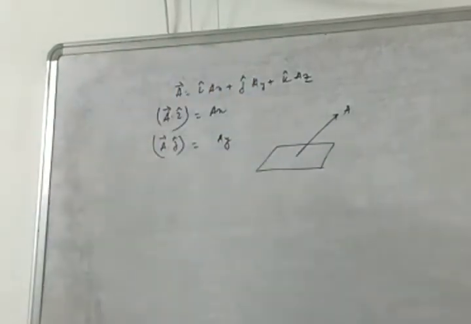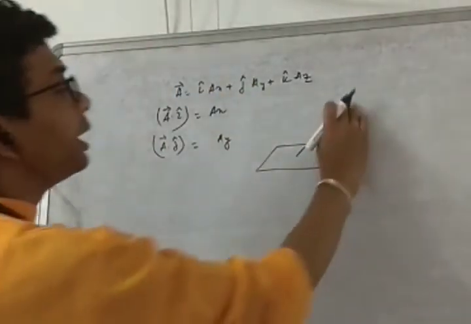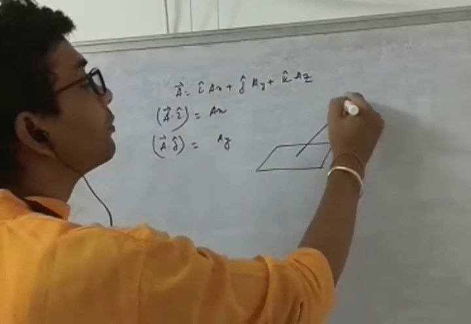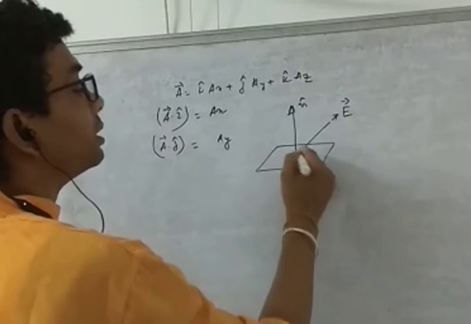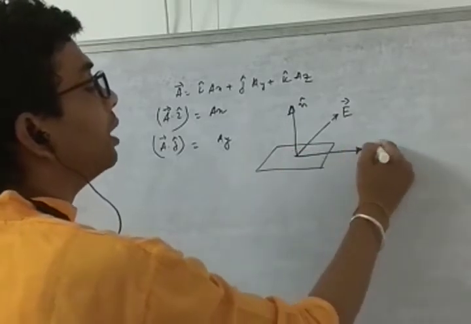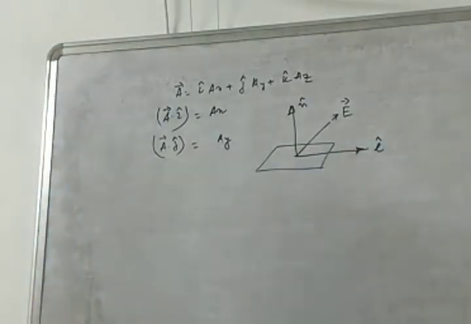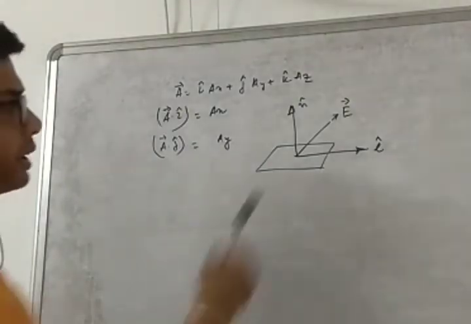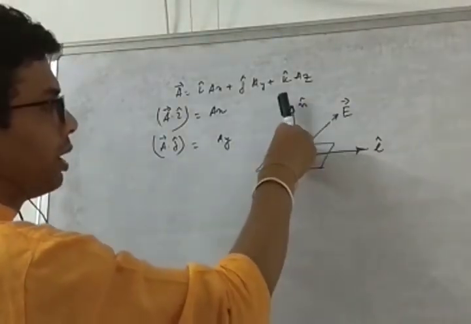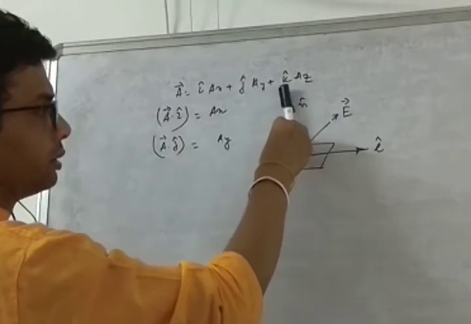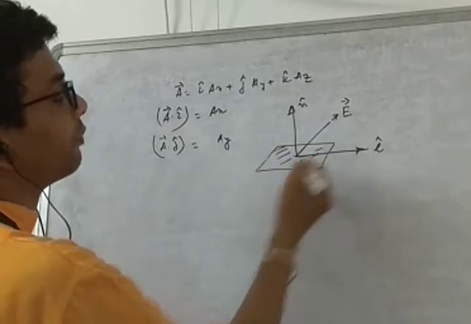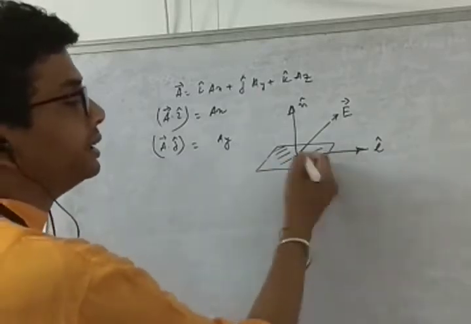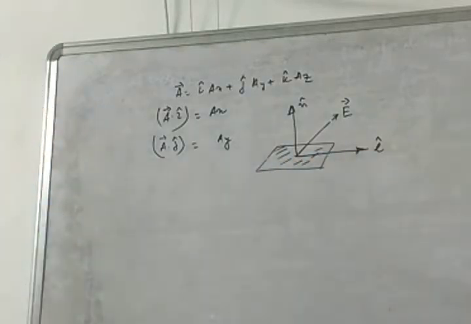Similarly, say this is an electric field. This is our normal unit vector, and in this direction we have another vector. This is our E vector, and n is the normal direction of the surface, and L is the tangential direction of the surface.